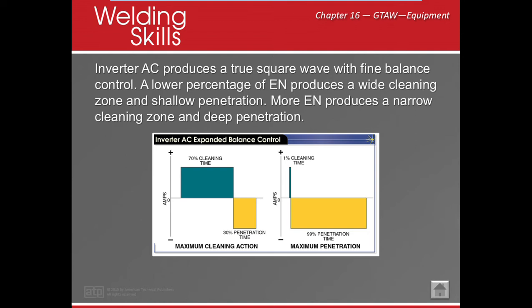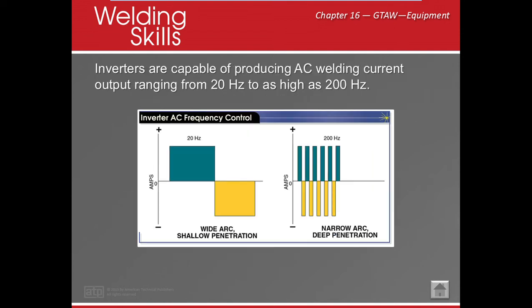Okay, so inverters can output between 20 and 200 hertz. Okay, so the lower the frequency, the softer the arc. It will have a really wide cleaning zone, a wide bead, and really shallow penetration. Okay, now look at the difference. We can make this really a long time, or we can make this really a short time, depending on what we're trying to do.